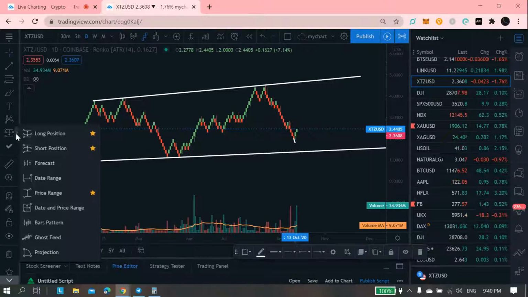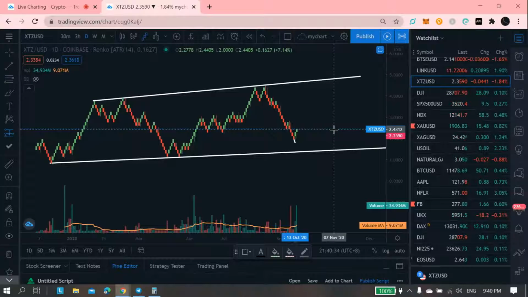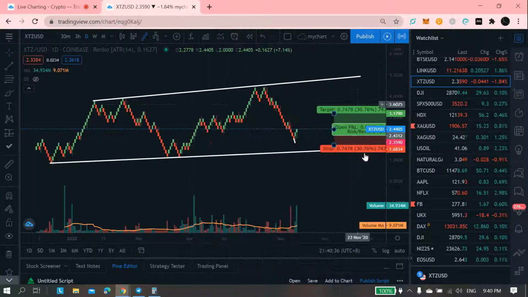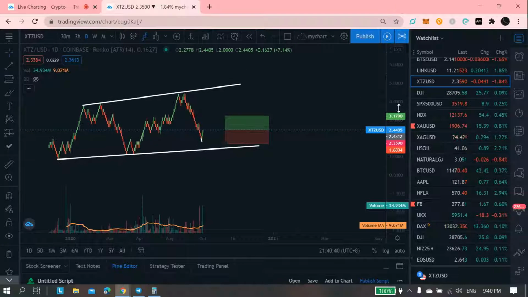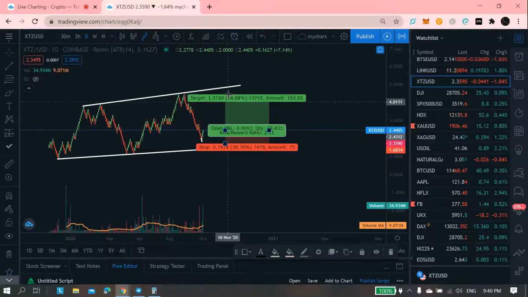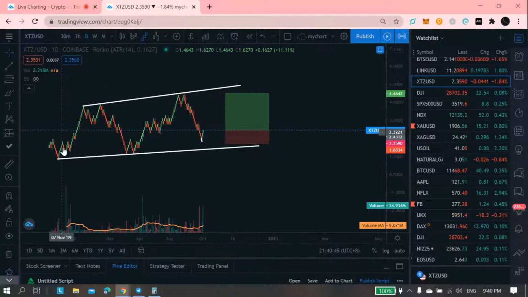So the resistance I'm looking at is, of course, this area, at least the around 4.5 area, the resistance area. So if we measure it at this level, let's see if we still get a good return. Our target is this, because it's trading within this range.